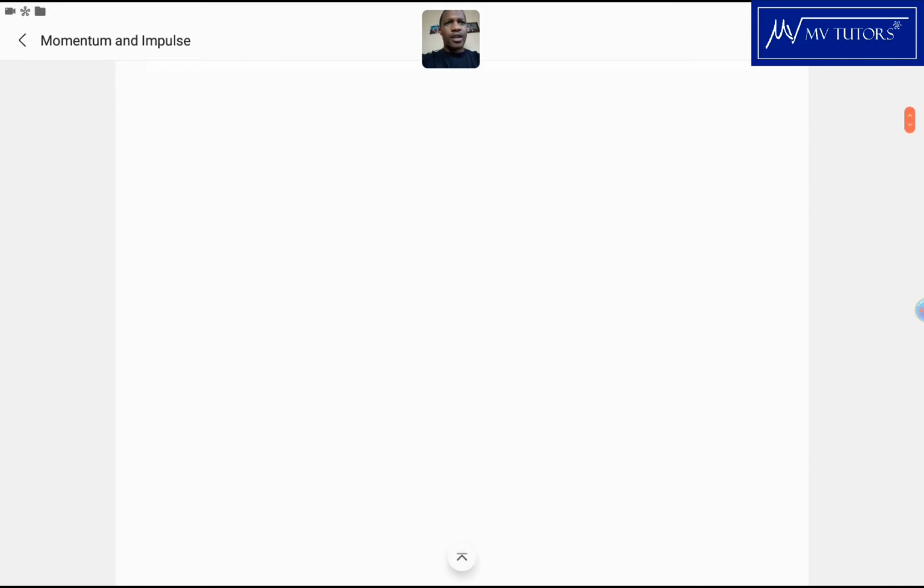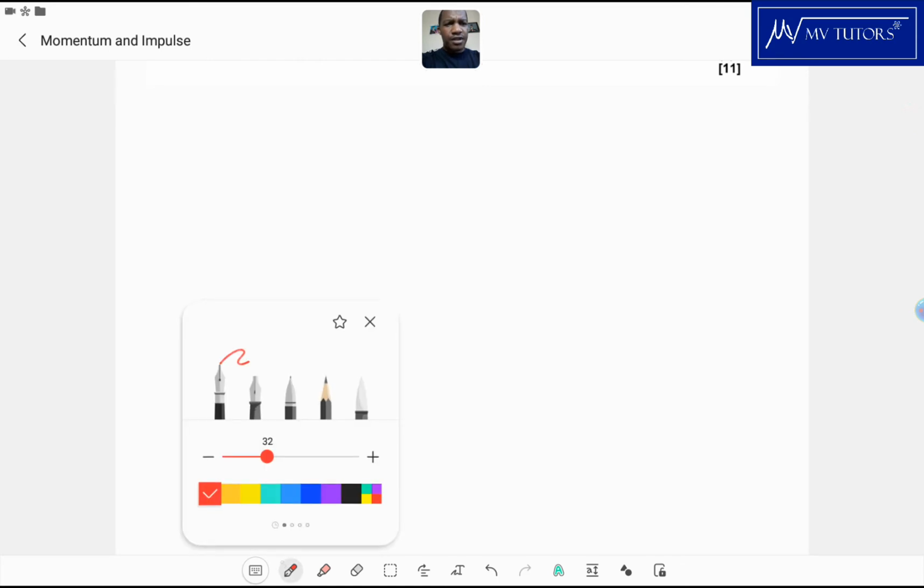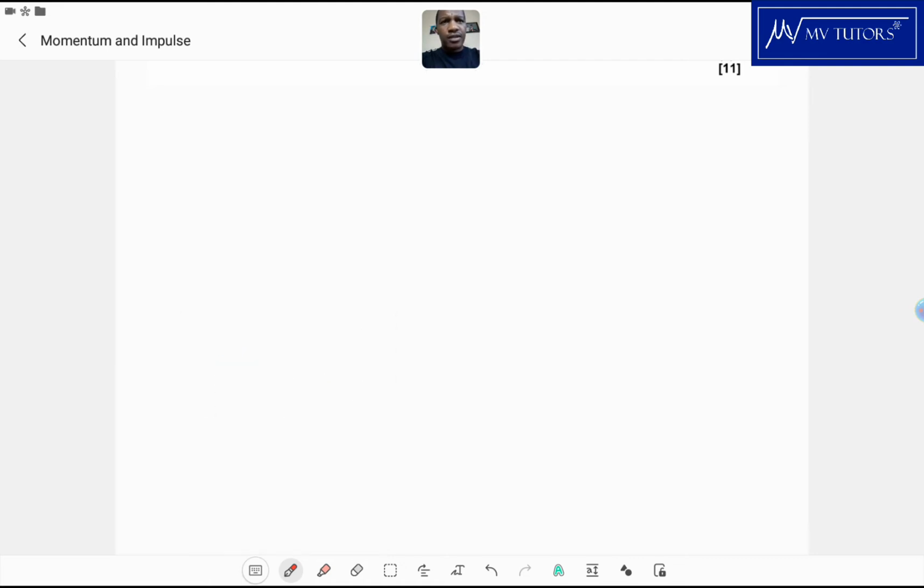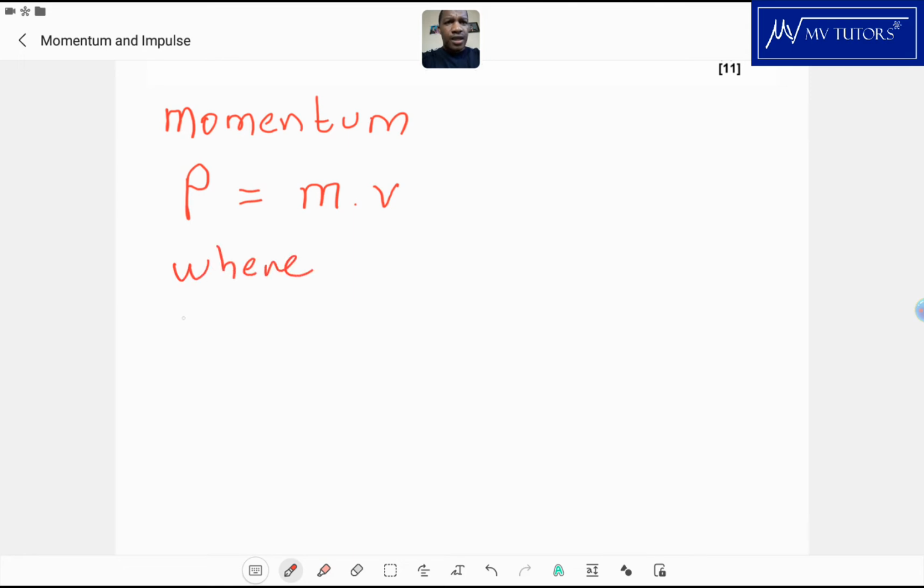Well, number one, what is momentum? There are a few things that we need to understand about momentum. Momentum is given by the equation P equals m times v, where P is the momentum.